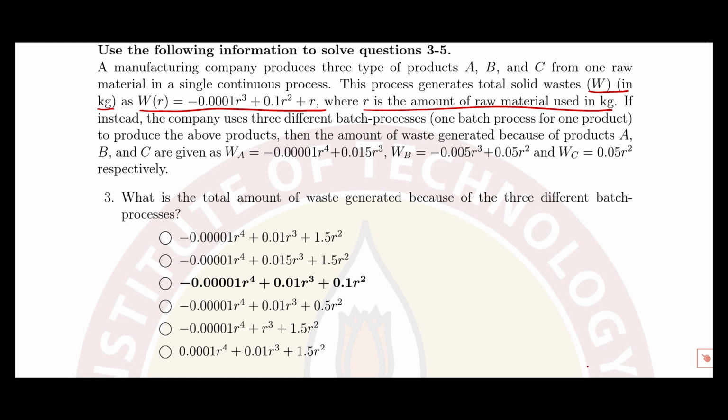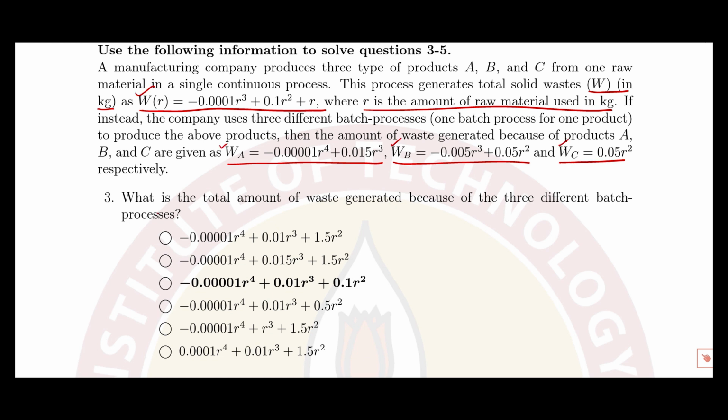If instead the company uses 3 different batch processes, one batch process for one product, then the amount of waste generated because of products A, B and C are given as W of A is equal to minus 0.00001 R power 4 plus 0.015 R cube. W of B is equal to minus 0.05 R cube plus 0.05 R square, and W of C is equal to 0.05 R square respectively.